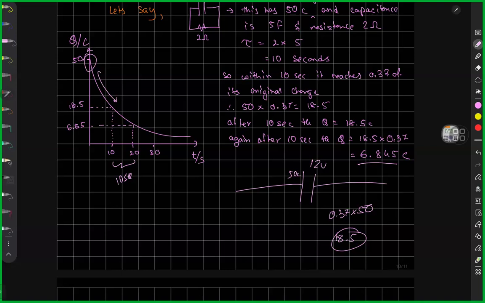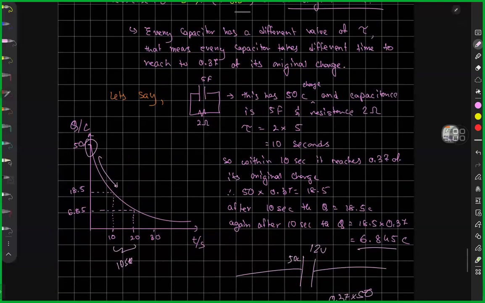If it was, let's say, 50%, the time would not repeat. To go from 50 to 25 might take 10 seconds, but 25 to 12.5 would take a different amount of time, I don't know, say 13 seconds, just to paint a picture. So for half-life, every halving requires a different amount of time.